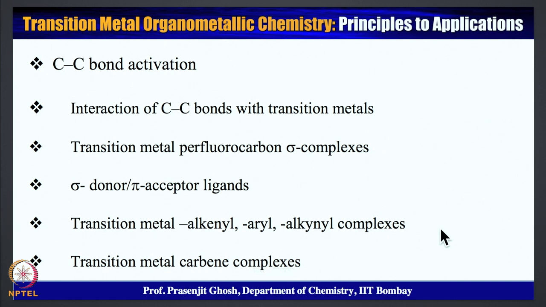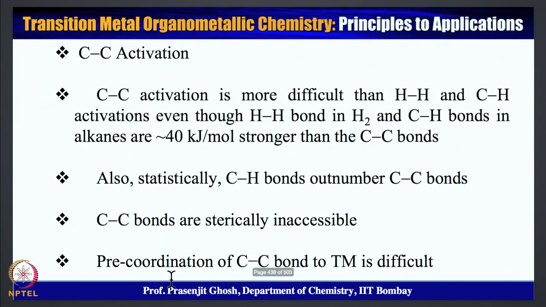Then after looking at CH bond activation, we have looked at CC bond activations. We had seen how the CC bonds interact with transition metals in perfluoro sigma complexes, and we have taken a look at sigma donor pi acceptor ligands, and in that perspective looked into alkenyl, aryl, alkynyl and transition metal carbene complexes.